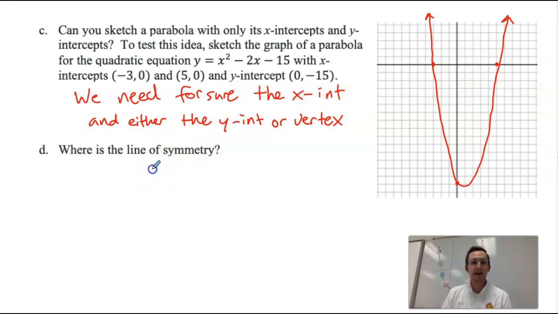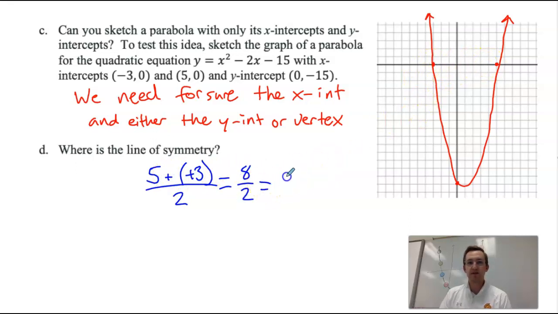So if we take 5 minus our second one minus -3 and divide that by 2, that's the halfway point between these two x-intercepts. So 5 minus -3 is, minus a negative turns positive, we have 8/2. So halfway between these 2 points is 4 spaces.